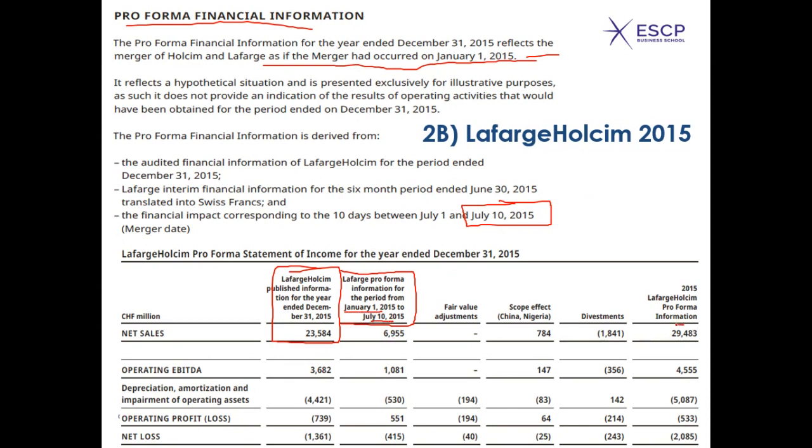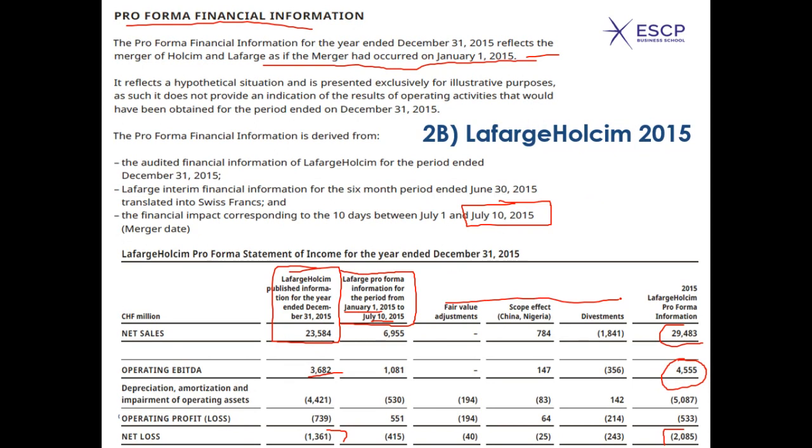And therefore, my pro forma sales revenue actually is 29 billion. So if I had acquired Lafarge on January 1st, basically my sales revenue would have been 30 billion. My operating EBITDA would have been 5 billion instead of 3.7. And my net loss, however, would have been 2 billion instead of 1.3 billion because of, well, all those other items that I will not discuss here.